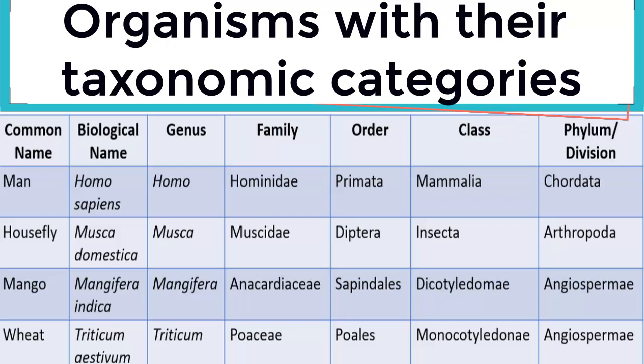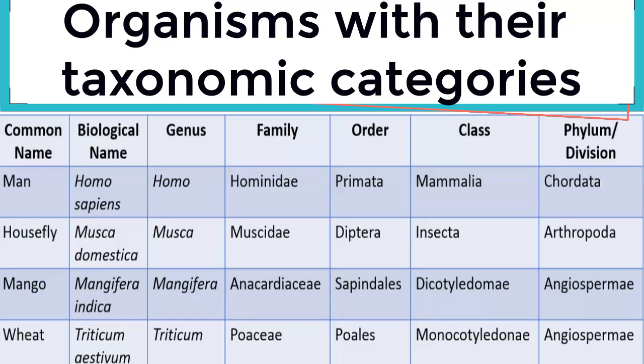Next one is mango, common name, and biological name is Mangifera indica, and genus is Mangifera, and we know the species is indica, right? And family is Anacardiaceae, and order is Sapindales, class is Dicotyledonae, and division Angiospermae, because it belongs to plants.